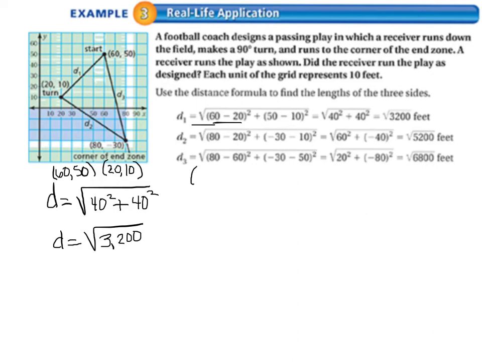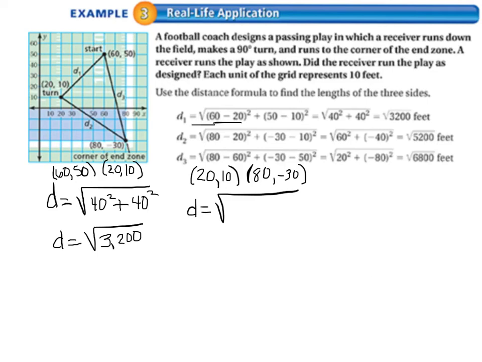Now, he's at the point where he turns, which is 20-10. He then goes to the end zone, which is represented by the point 80-30. So let's subtract here. Now once again, it does not matter the order that you subtract these.